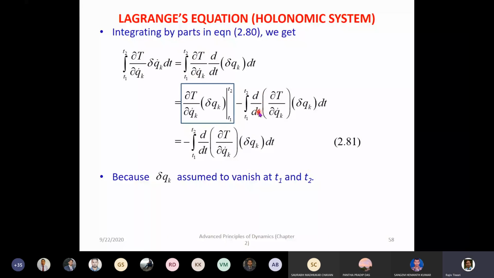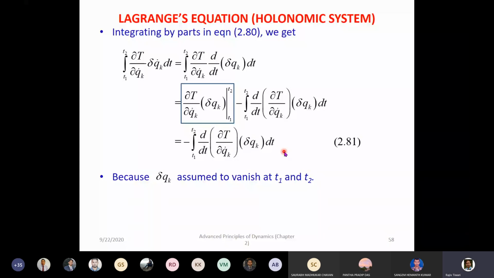So this is the time derivative of the first term and the integration of the second. And we know that this variation is not defined at T1 and T2 because it is 0 at T1 and T2. So the first term will be 0.